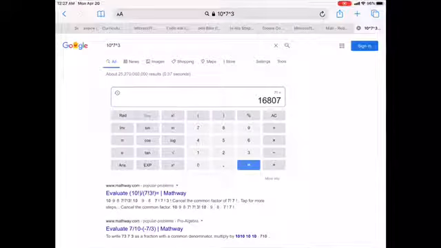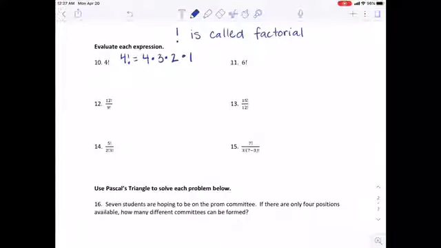So I'm just going to get out my calculator and type in 4 times 3 times 2 times 1. And my calculator says that that equals 24. So I know that my answer here is 24.